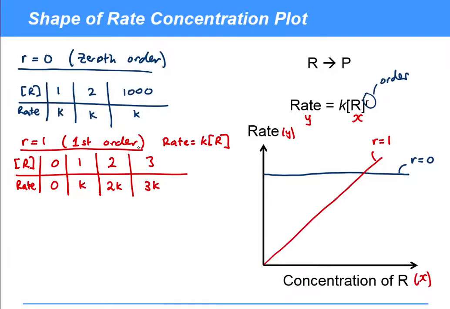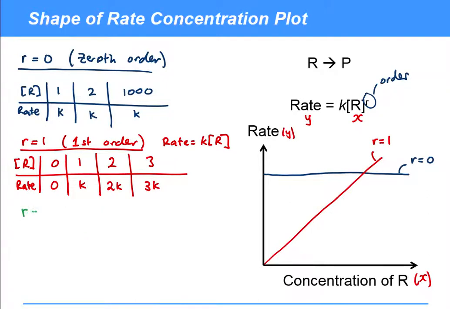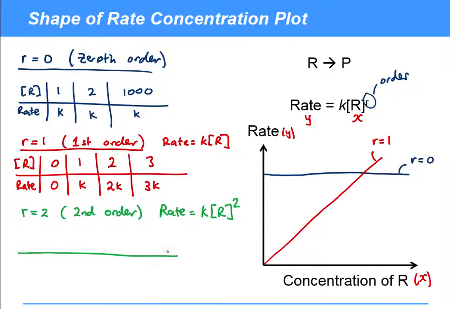Now, next type of reaction that we consider at A level is what happens if r equals 2. So we have what's called a second order reaction. And if that's the case, then we've essentially got rate equals K times concentration of R squared. And so we're going to get a graph that looks like R squared. So let's just do a table of values just to check.